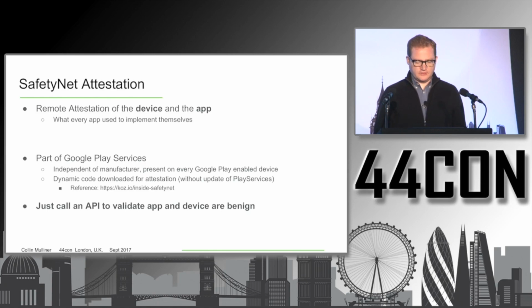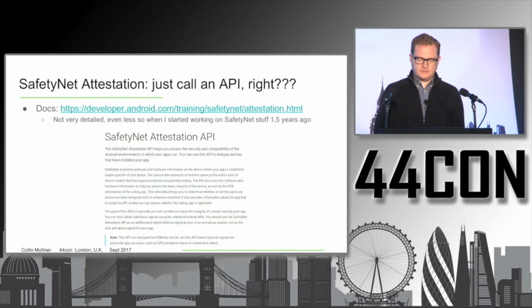And that code is signed, and there is a decent blog post about how that specific part works, but they update that all the time. And it's basically just an API call to determine if your device and app are benign.